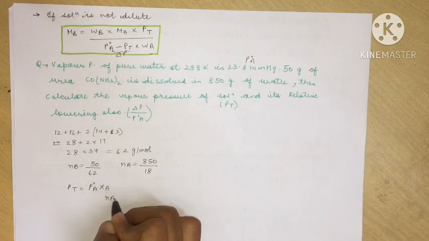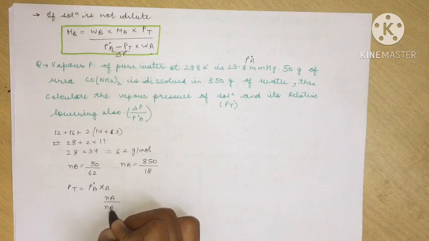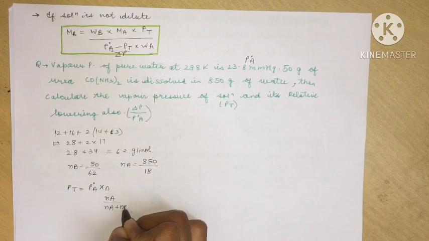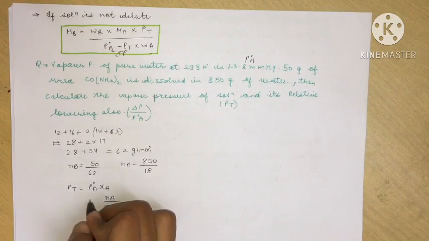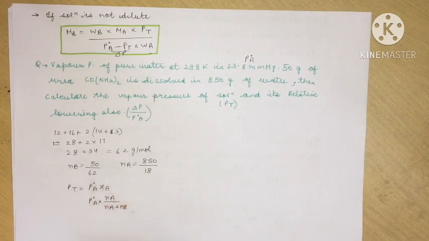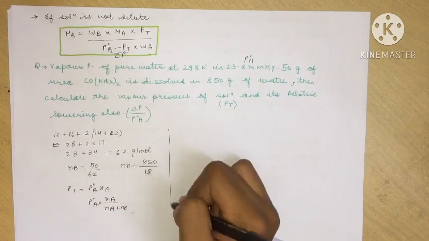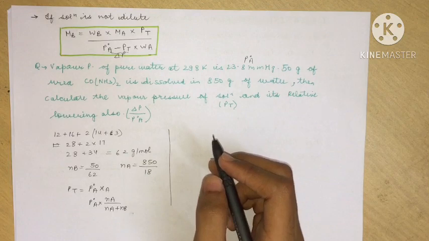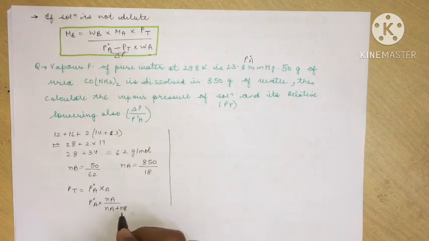Instead of XA, I can add Na upon Na plus Nb multiplied by P naught A. Now we will solve this. What do I get? Now here I cannot neglect this term because we are calculating the mole fraction. In the case when this was the colligative property, that time we can neglect this Nb. Now we'll solve this P total.